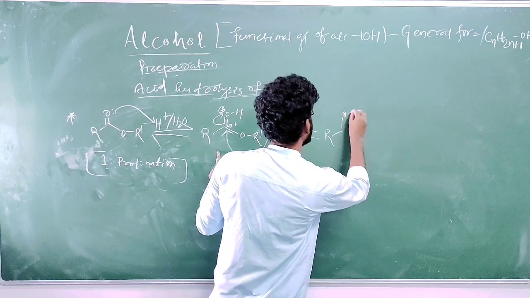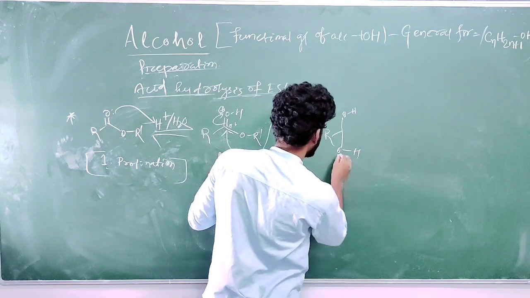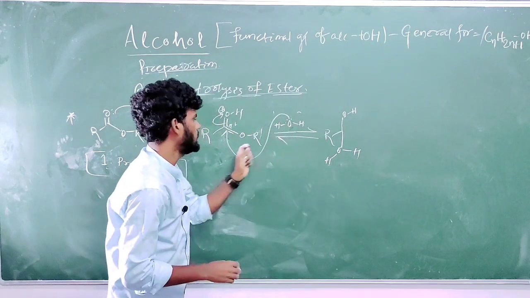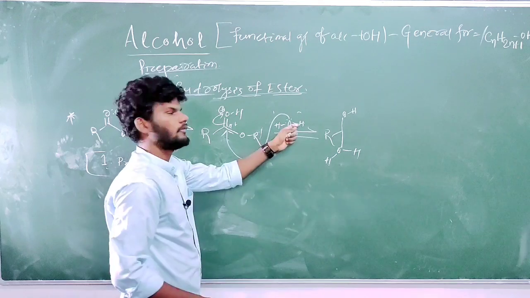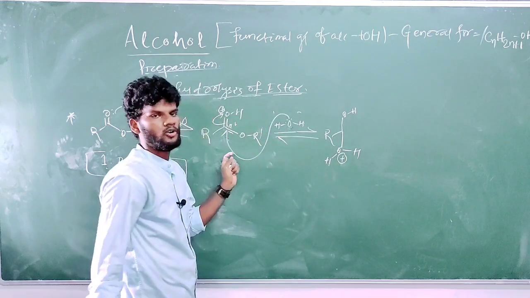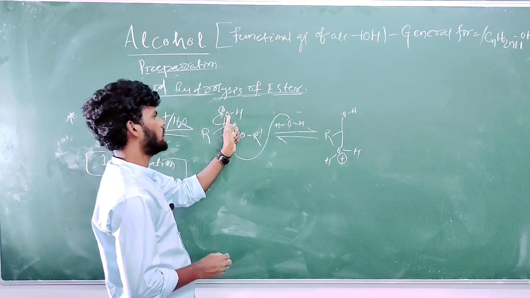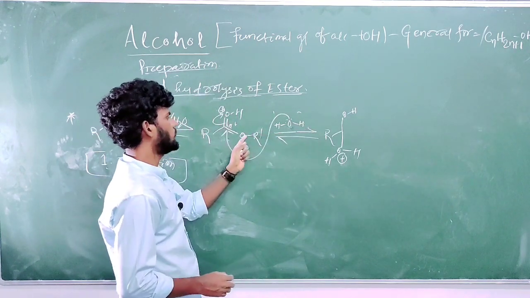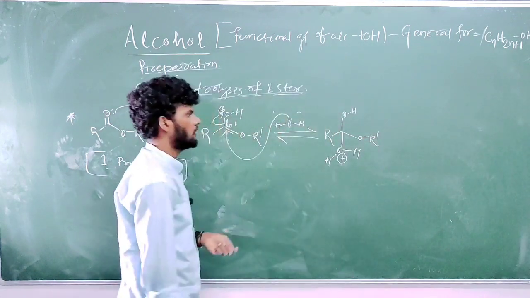So R, O, H, O, H, H. Water attacked this center. As oxygen donates its lone pair of electrons, there must be one positive charge over oxygen. So one bond breaks and moves over to oxygen. OH here is OH and here is OR'. Okay, all of you got it.